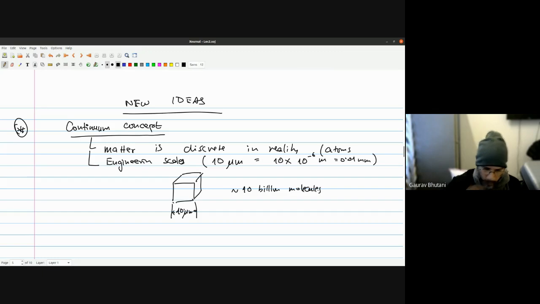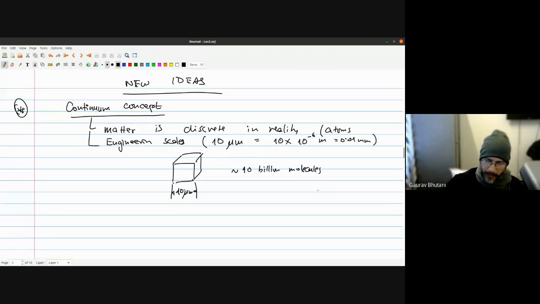And let's say I would want to say that the center point of this cube is point P. So this cube has a center at P. And I want to define point properties.